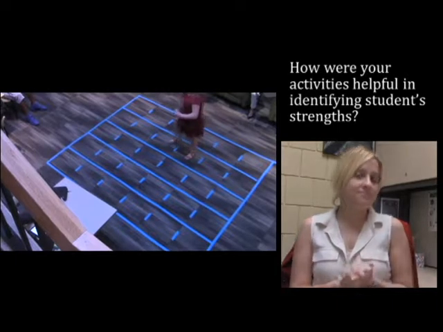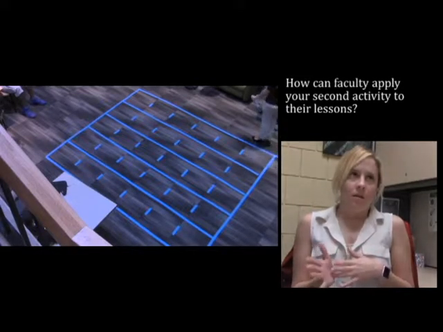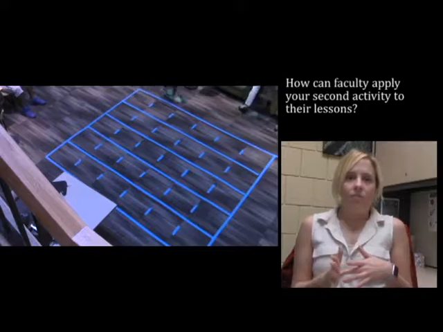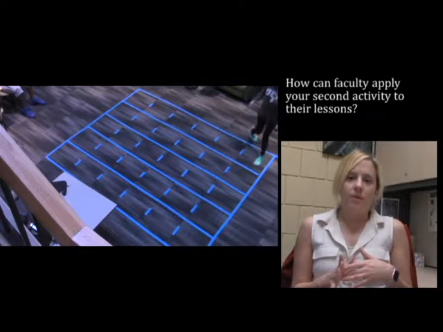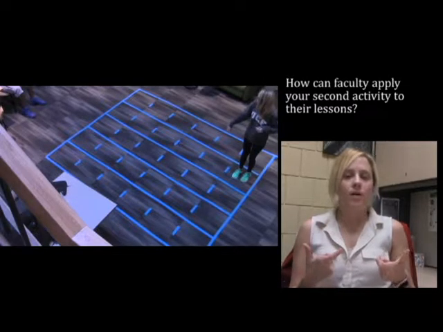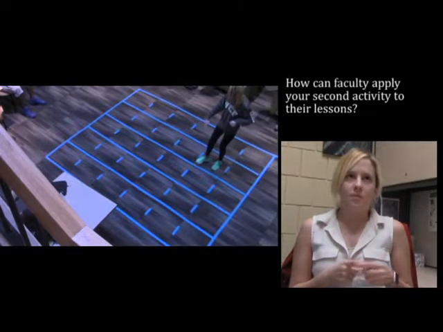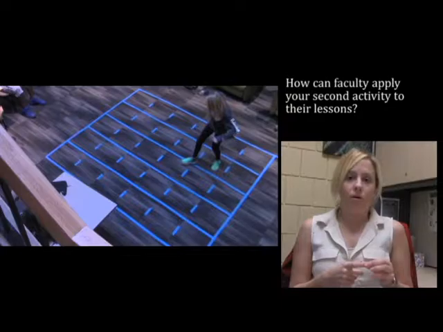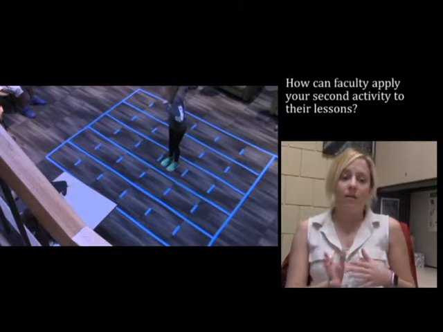How can faculty apply your second activity to their lessons? All gen ed faculty have that critical thinking learning outcome, so I think that if you do it early enough, you can start to see how their brains work. Since the maze is something that you build on your own, you can make the pattern however you want.